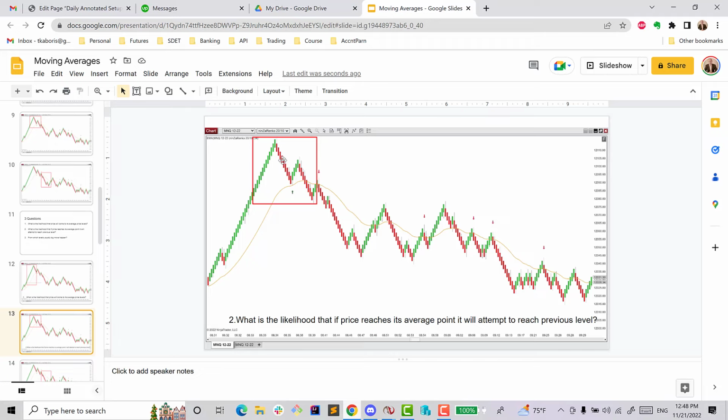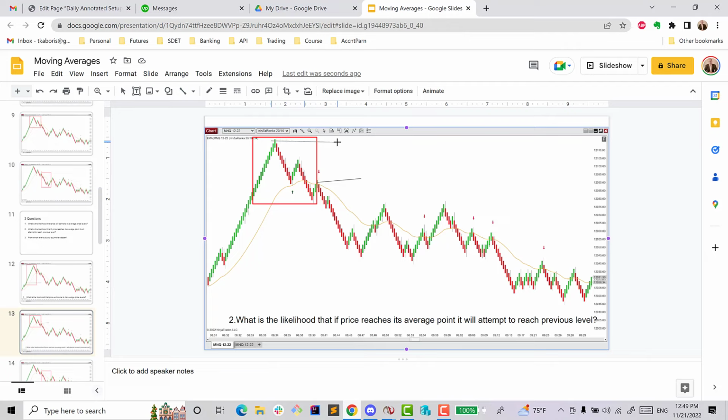But we have a second question. What is the likelihood that if price reaches its average point, it will attempt to reach previous levels? So assuming we are here, and our previous price levels are here is a high point, and here is a low point, right?